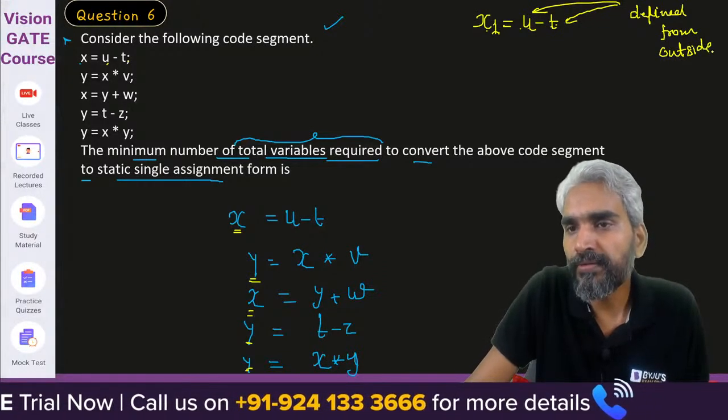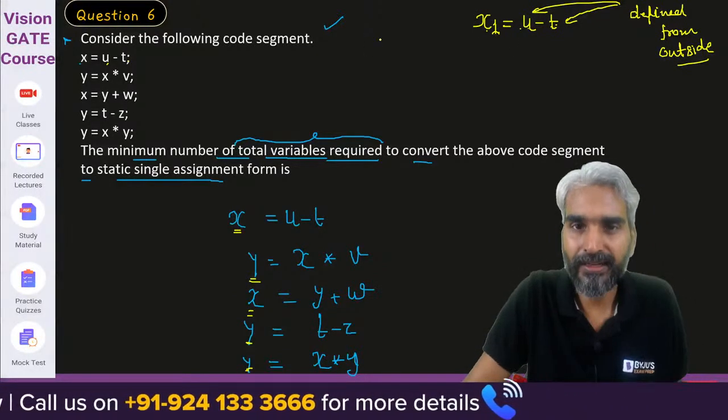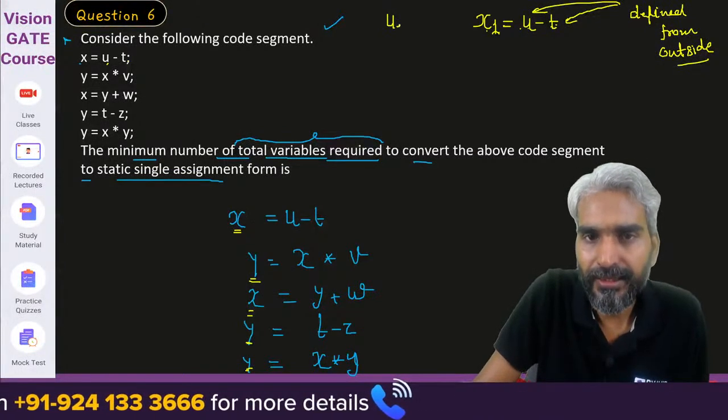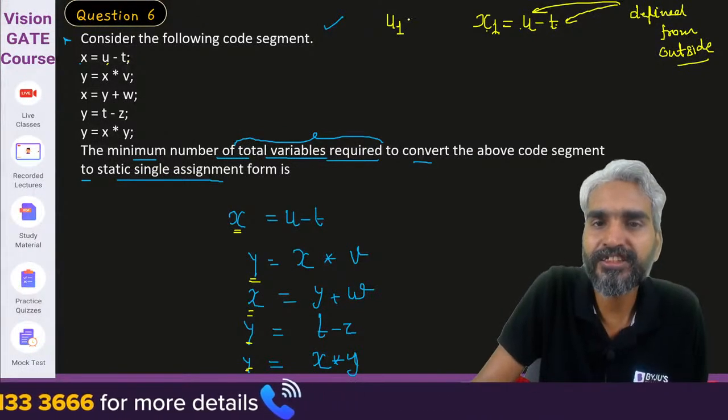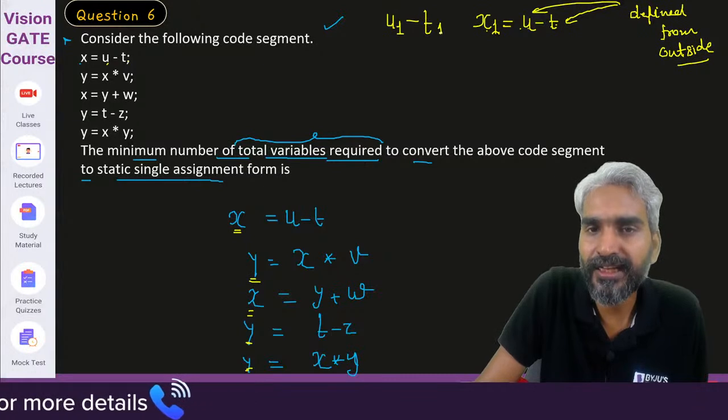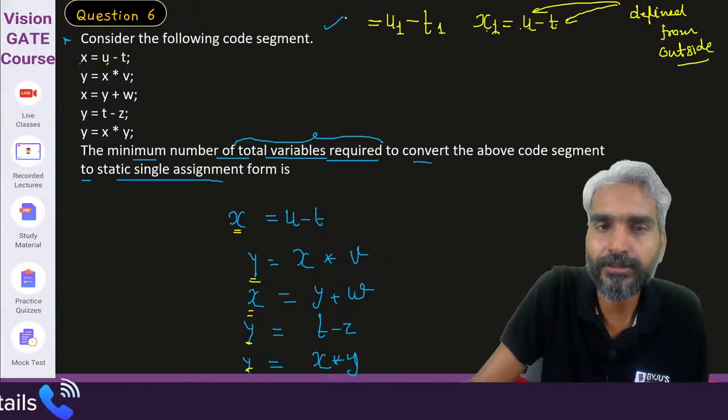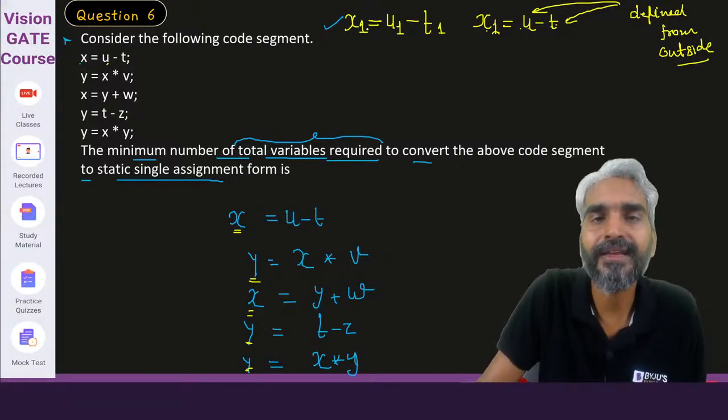There is no problem if you define them internally also. Let me define them internally, so that u1 is initialized, then t is initialized into t1, then the result is stored in x1. I can also write like this.